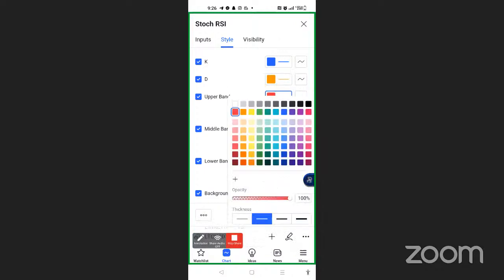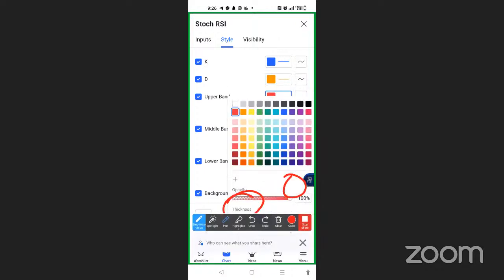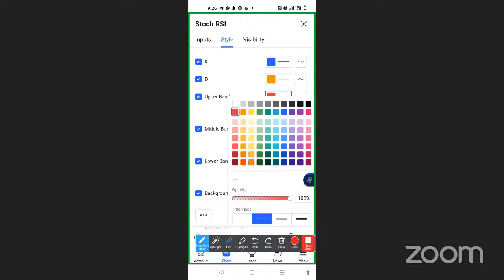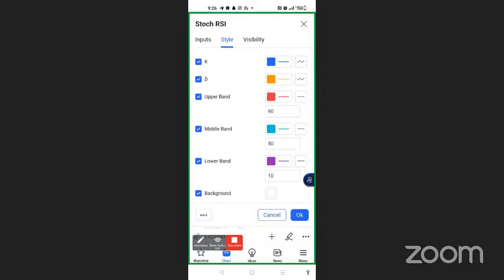Okay, now the upper band. I love the red color because it comes out very well. It's a bright color, meaning that it can be easily seen. So make sure it is 100 and the thickness is here. Also in the upper band, you turn the dotted line to a line.